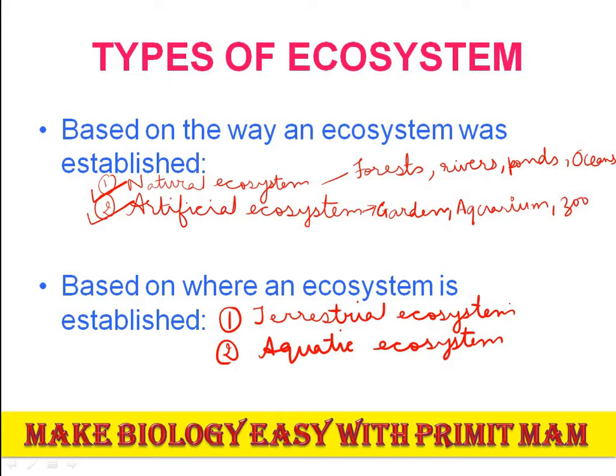Now let us talk about the terrestrial ecosystem. Terrestrial is related to land. So, ecosystems found on land are called terrestrial ecosystems. Examples are forests, desert, grassland.